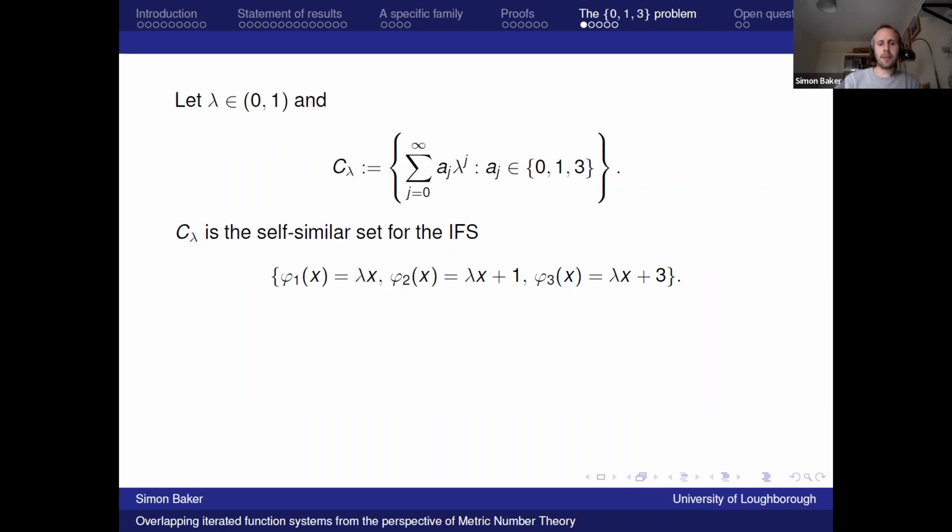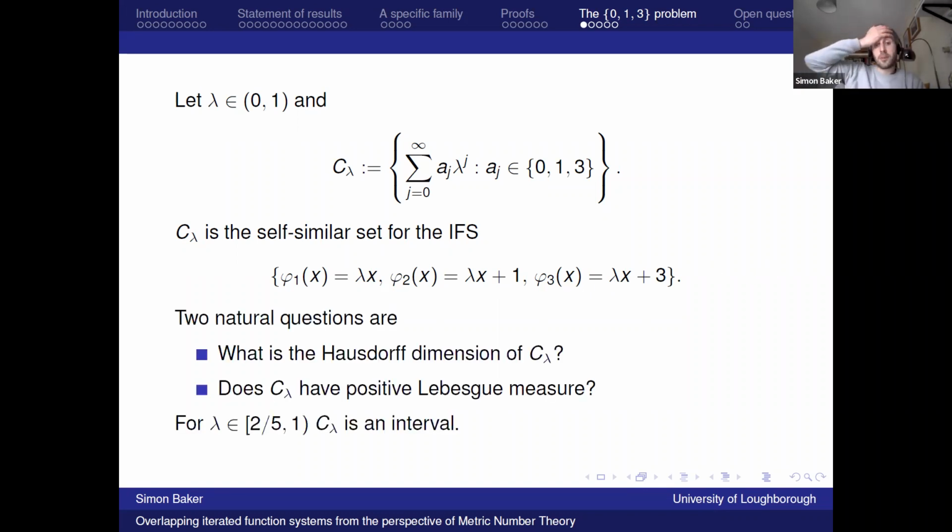This C lambda is the self-similar set, the invariant set for this IFS here. The questions people were interested in were: what is the Hausdorff dimension of C lambda, and does C lambda have positive Lebesgue measure? Just a comment that once you're past 2/5, C lambda is an interval, so this question isn't particularly interesting. But if you're less than 2/5, it's not at all obvious what the Hausdorff dimension will be and whether it will have positive Lebesgue measure.